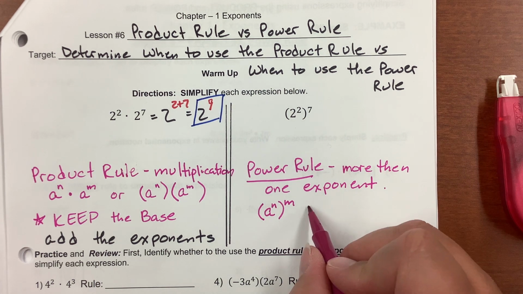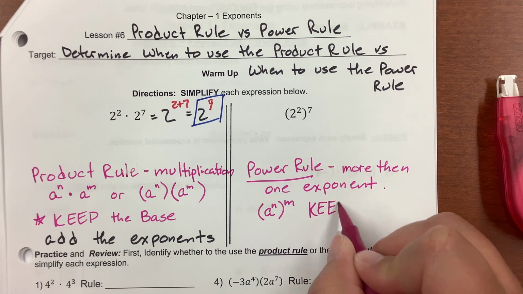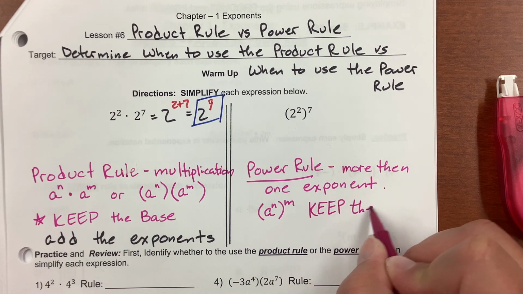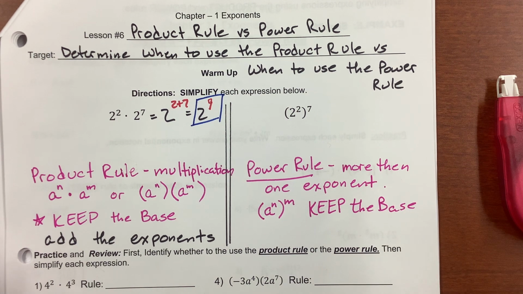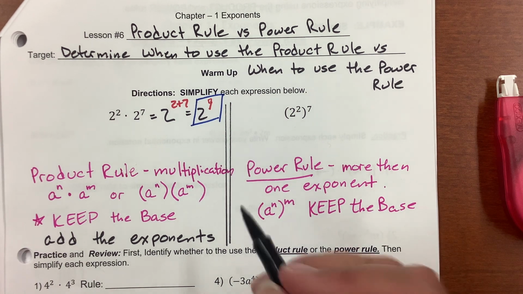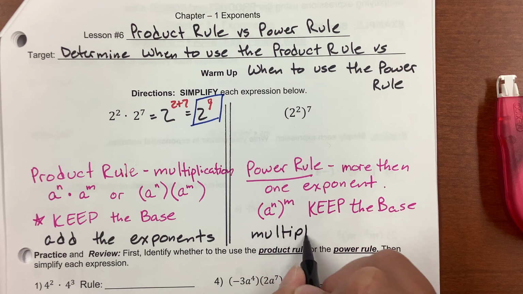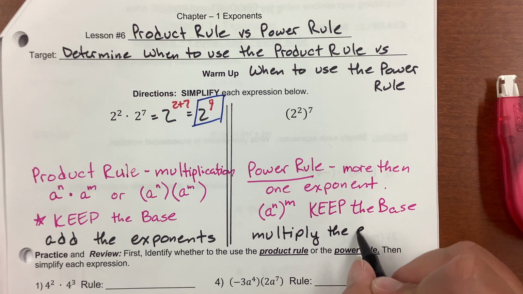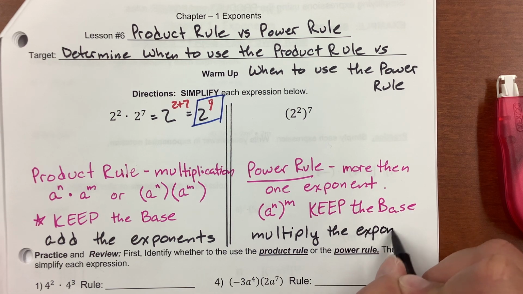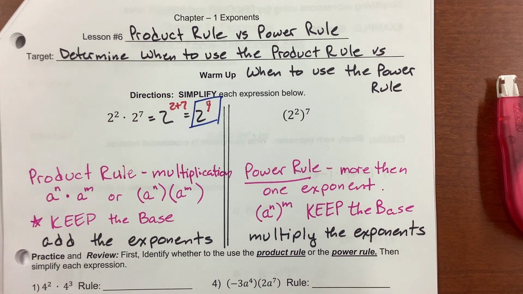As always, keep the base. And then I'm going to multiply the exponents. So I'm going to keep the base and multiply the exponents.